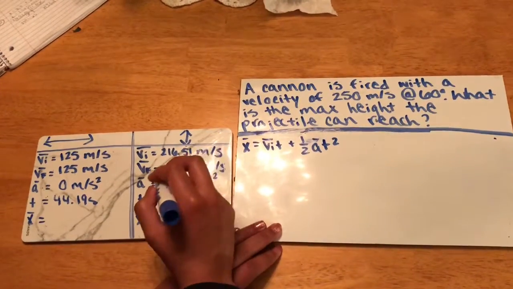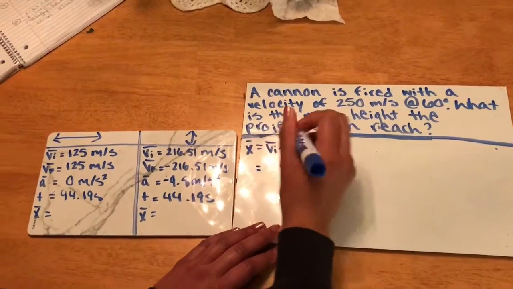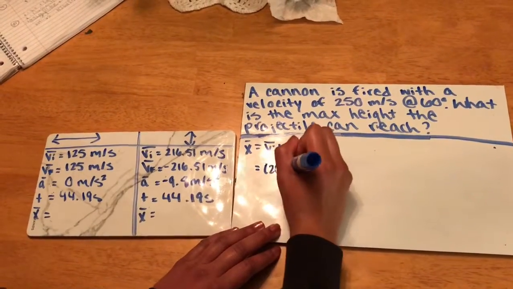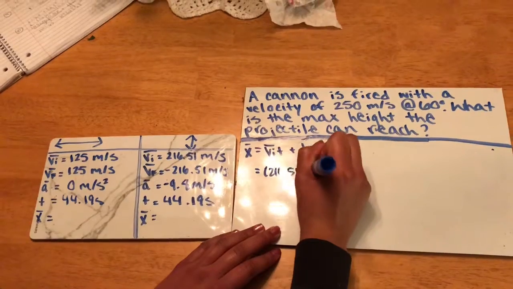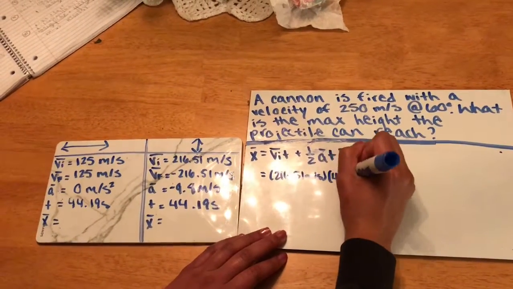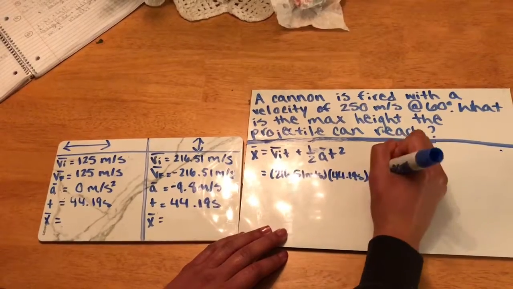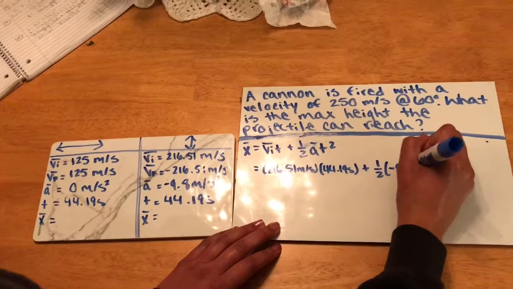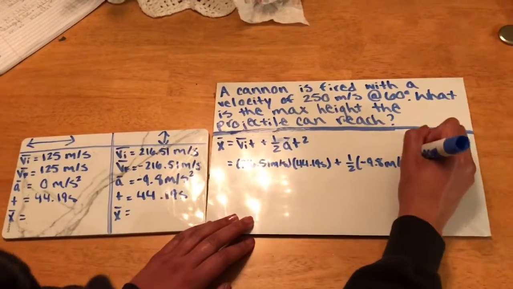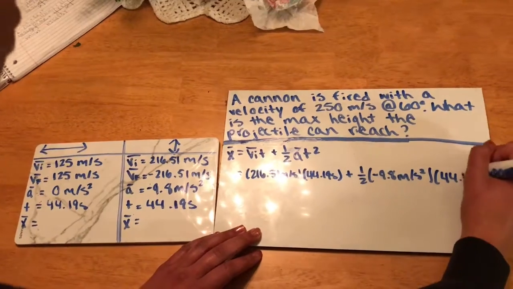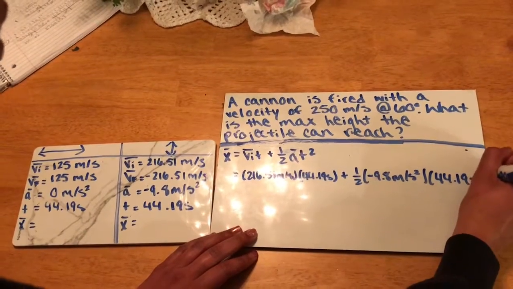So if we're doing the vertical side, we get our initial velocity, which is 216.51 meters per second, times our time, which is 44.19 seconds, plus half our acceleration, which is negative 9.8 meters per second squared, times our time squared, which is 44.19 seconds squared.